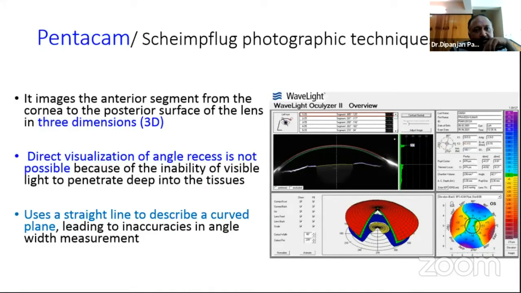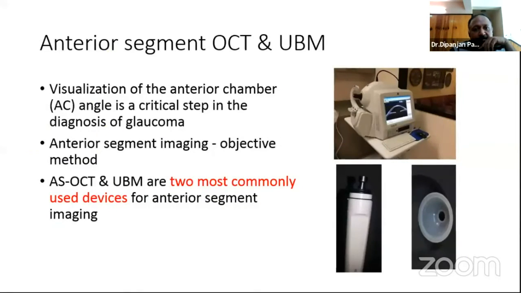Pentacam images the anterior segment from the cornea to the posterior surface of the lens in a 3D image. Direct visualization of the angle recess is not possible because the light doesn't penetrate so easily deep into the sclera, and it uses a straight line to describe a curved iris plane, so there can be inaccuracies in angle width measurement. Anterior segment OCT and UBM are the two most commonly used devices for anterior segment imaging.